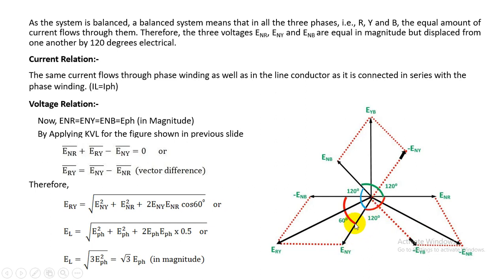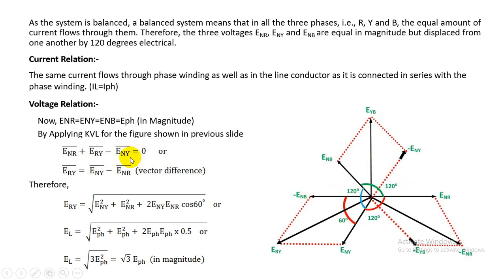This is ENY, and the mirror image of ENY will be minus ENY. And from this point again we take 120 degrees in the clockwise direction, then we will get ENB. You can see that this is ENB, and the mirror image of this ENB phase voltage will be minus ENB here. Like that we have the phasor diagram.